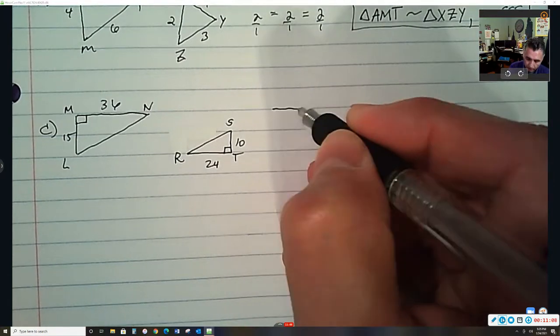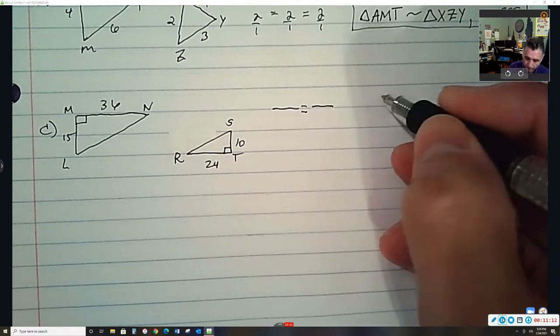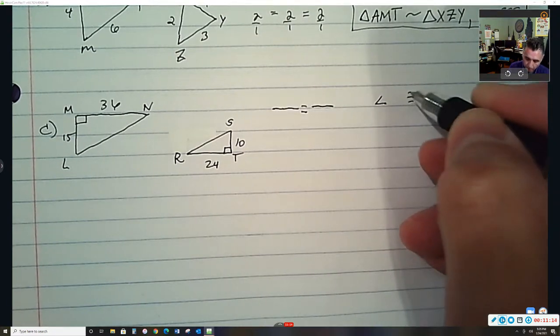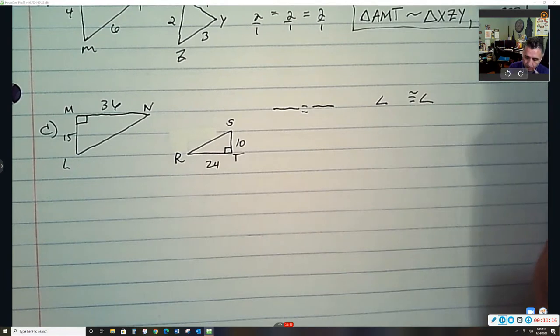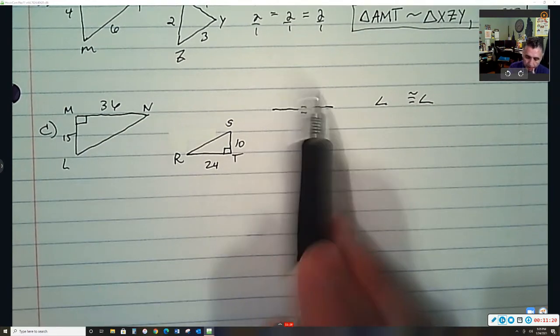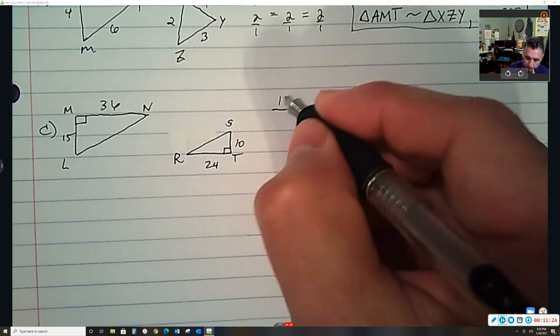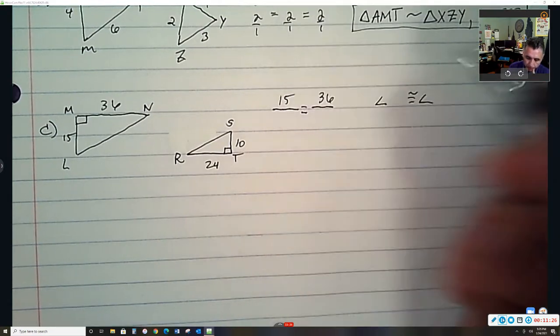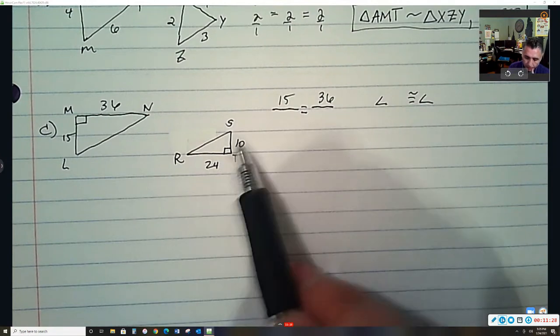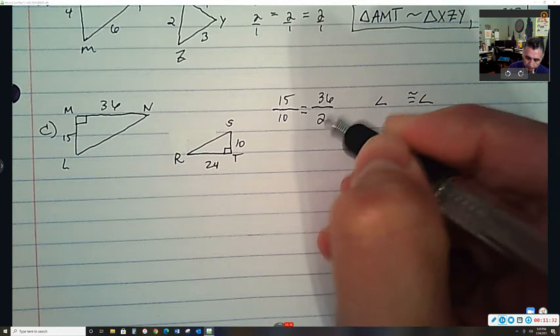First, I need to verify that the corresponding sides are proportional. Then I need to make sure that we have a congruent angle. So again, on this left one, I'm going to put the numbers on top. And I only have two numbers. Put the small one and then the big one. And then for this one, I have two numbers. Take the small one and then write down the big one.